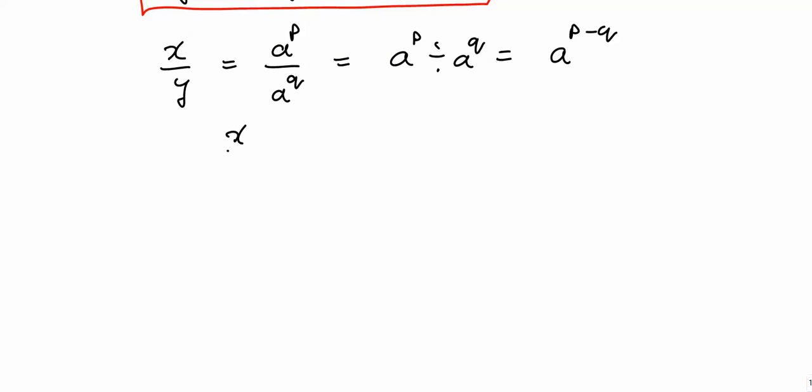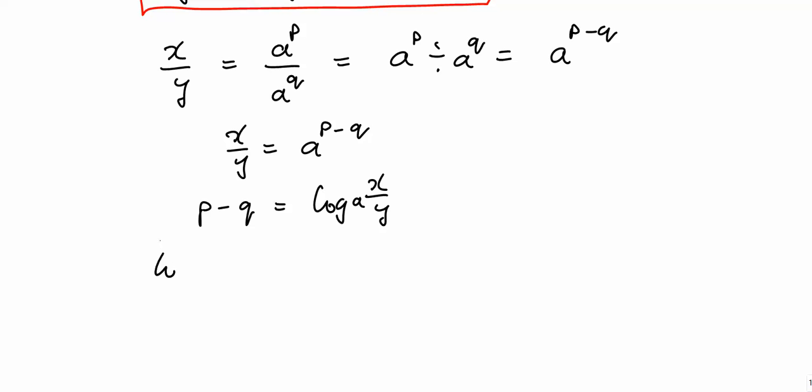So x divided by y is a to the p minus q, and this can be written in logarithm form as p minus q is the log of x divided by y to base a. And as p is log x and q is log y, both to base a, we have log x minus log y is log x divided by y, and that is the subtraction rule of logarithms.